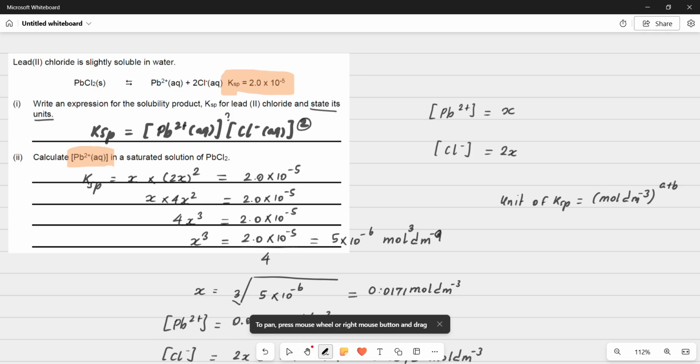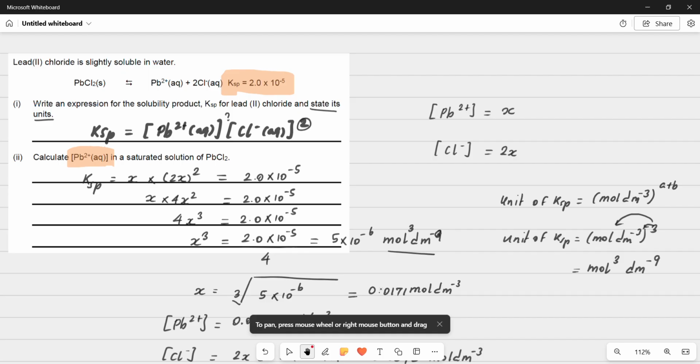In this case it is 1 plus 2. So the unit of Ksp is mol dm^-3 to the power 3. Then you multiply the powers: you get mol³ dm^-9. So that is how we get this unit.